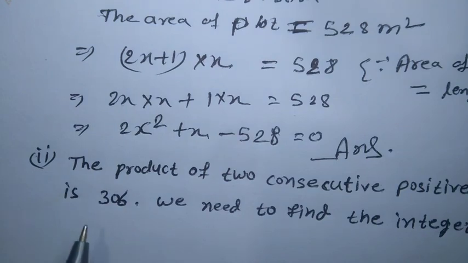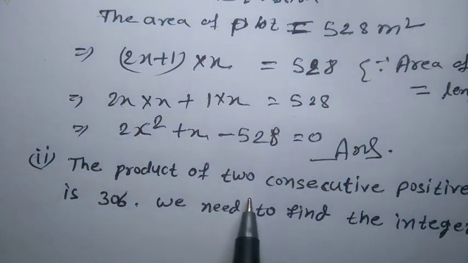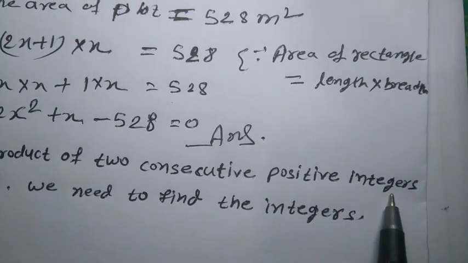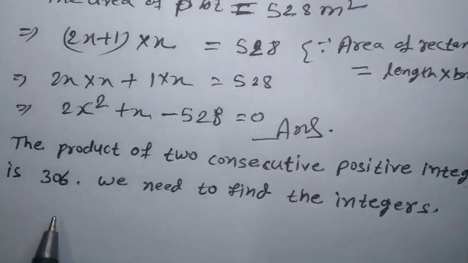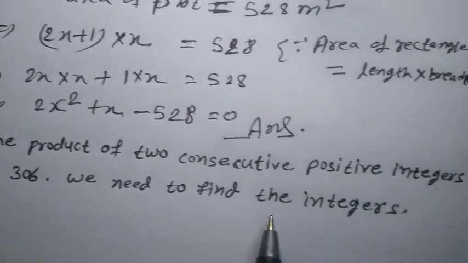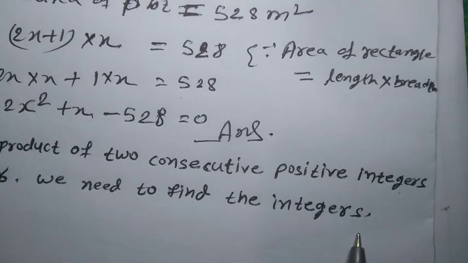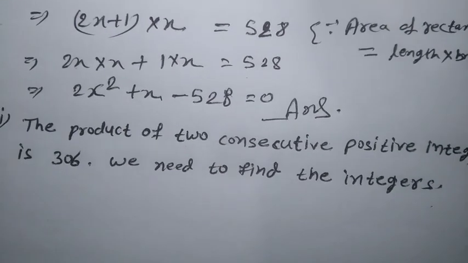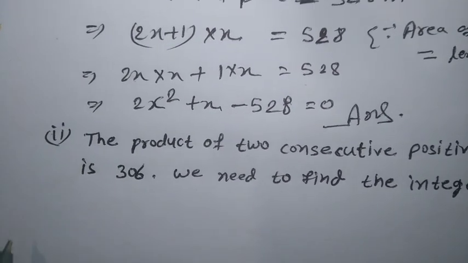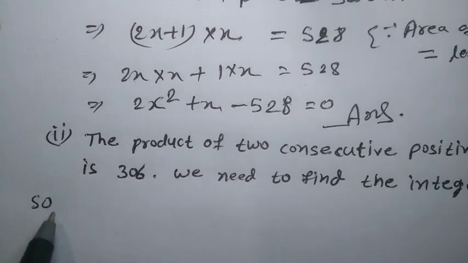Now question number 2, the product of two consecutive positive integers is 306. We need to find the integers. Now solution.